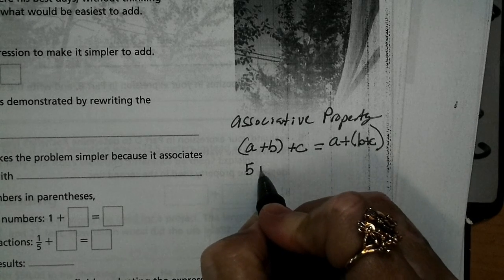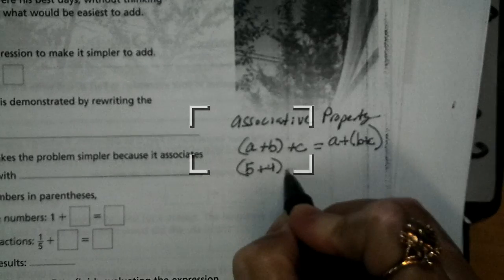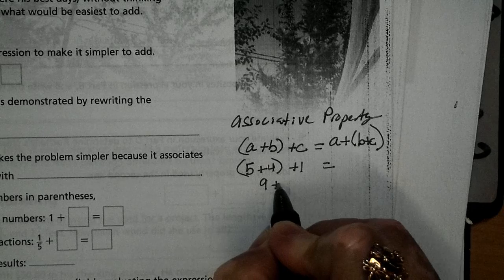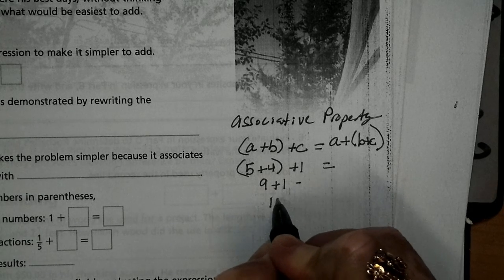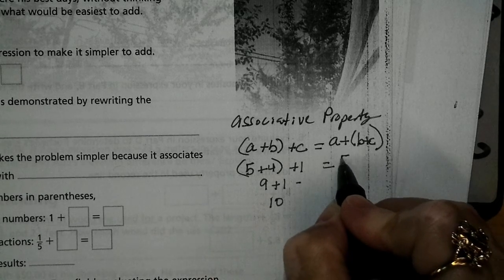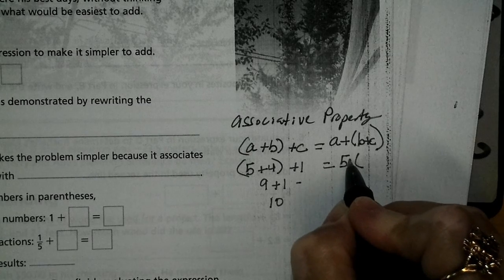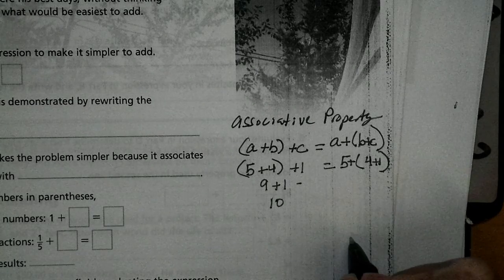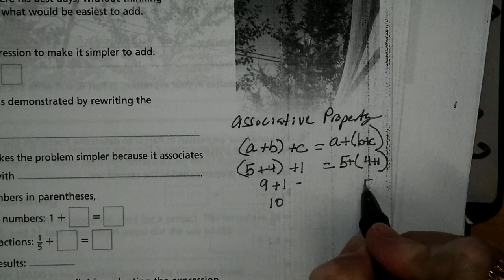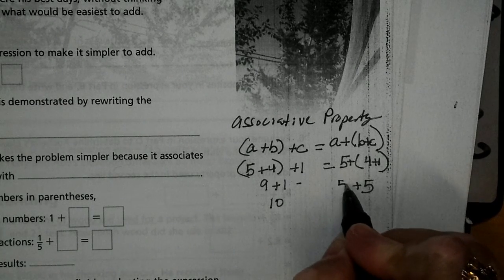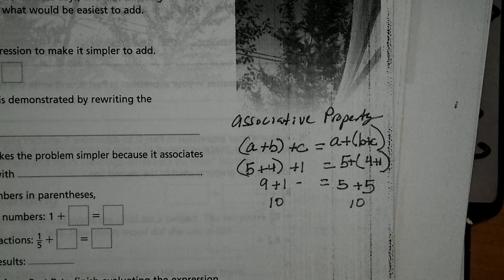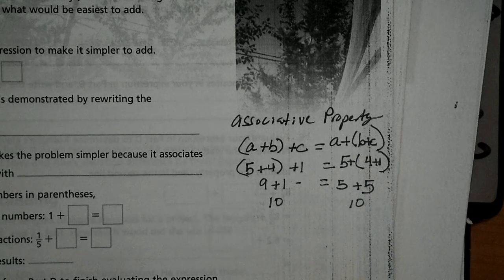So if I say 5 plus 4 plus 1, I would get 9 plus 1, which is 10, right? So if I move my parentheses, I would do 4 plus 1, which is 5, plus the 5 that is already there, and I would get 10. Okay, so rearranging the parentheses still gives me the same answer.